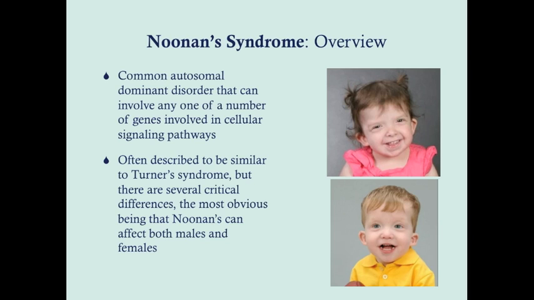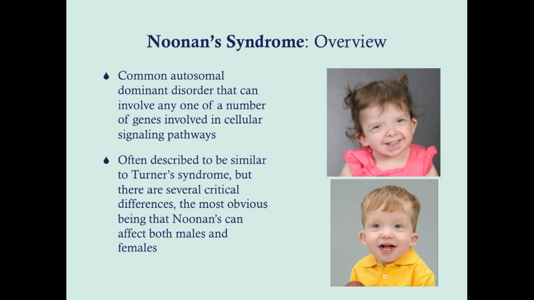When a patient has Noonan syndrome, we don't necessarily know which gene is affected, and there is a list of genes that we do know are implicated in Noonan syndrome. But in a minority of patients, they may have Noonan syndrome, but all of those tests are negative, and that's something you have to keep in mind and consider.